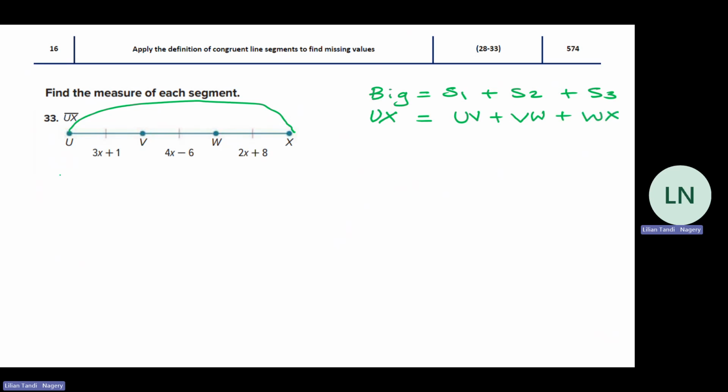Okay. Step 1, UV is congruent to VW. That is what I know because of this mark. I also know that VW is congruent to WX. And I also know that UV is congruent to WX, okay?